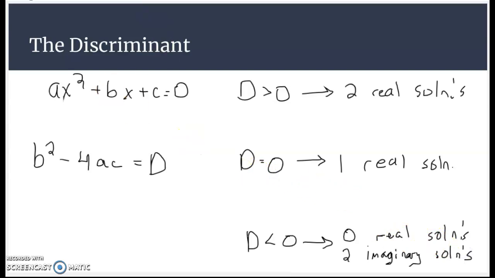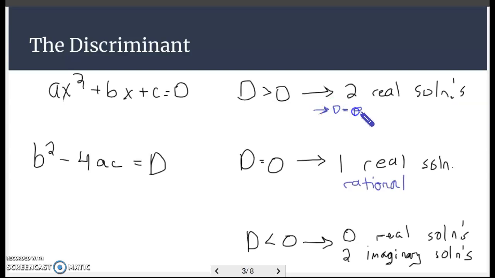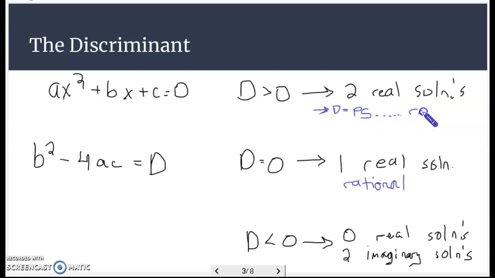Let's go back and classify a little bit further. If you do have D equals 0, you're going to have 1 real solution, and it is going to be a rational solution. If you have 2 real solutions, if the discriminant is a perfect square, then the 2 answers are going to be rational.